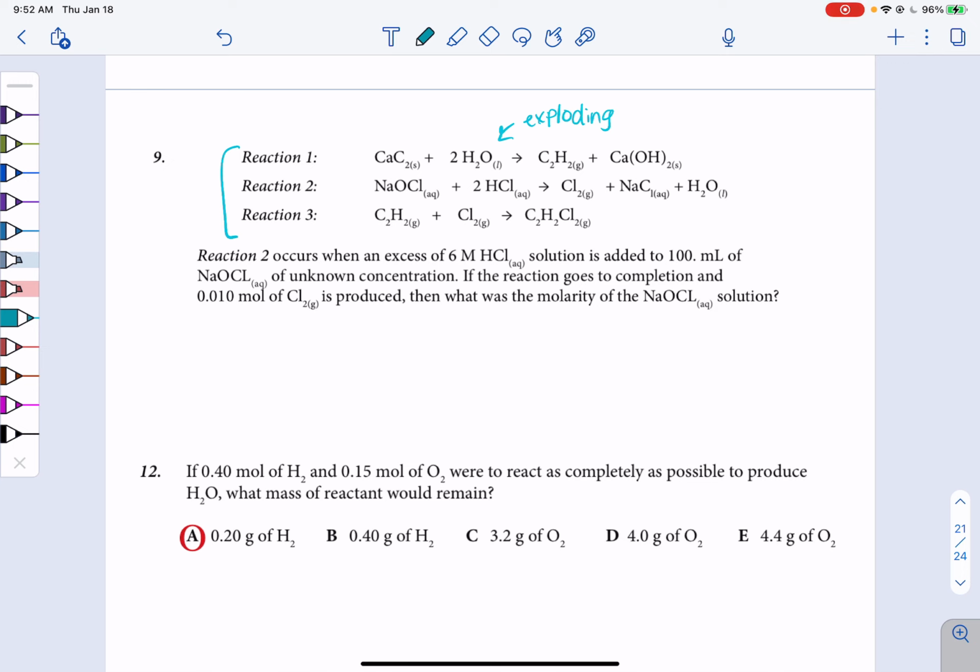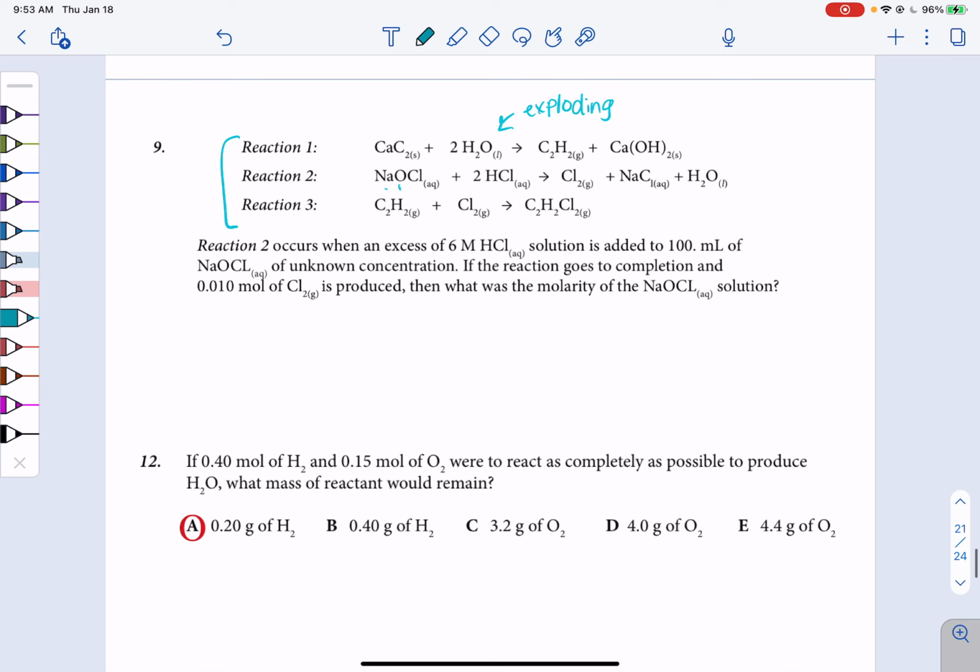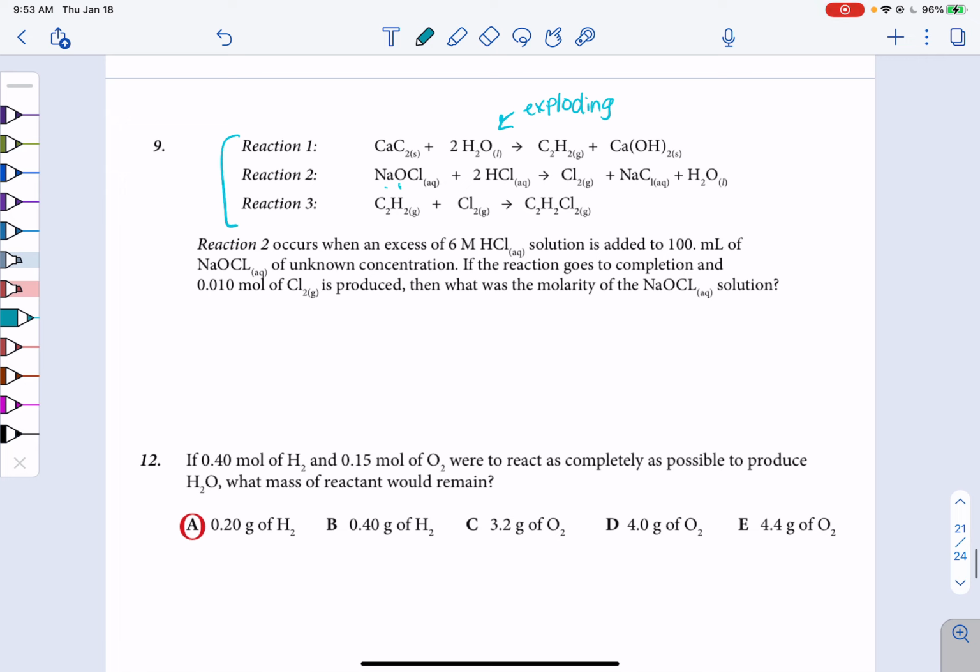Reaction 2, you take sodium OCl, I don't actually know what that's called, react it with hydrochloric and you get chlorine gas and sodium chloride and water. And then we have acetylene gas plus the chlorine gas and you get whatever the name for that is.